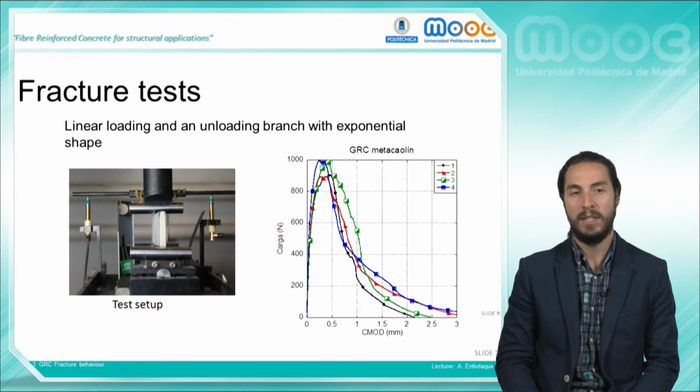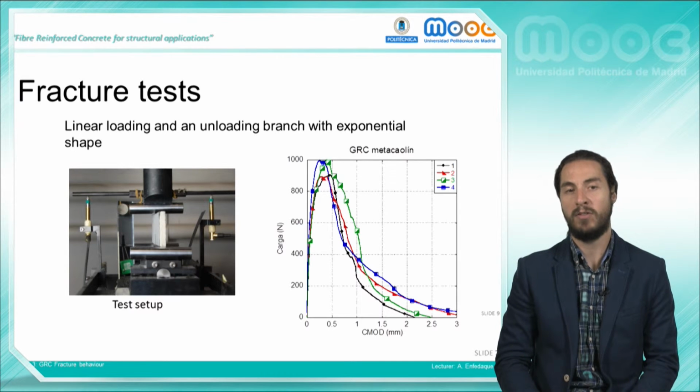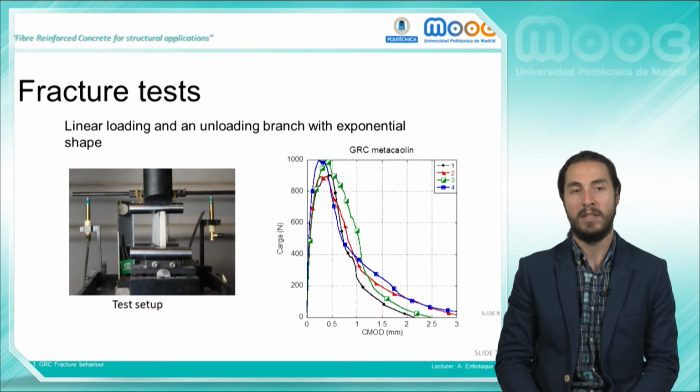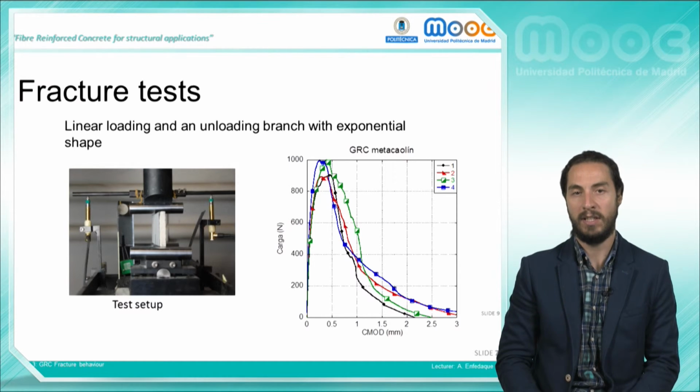In addition, the maximum crack opening is much greater than in the case of the normal formulation. In this case, the maximum crack opening reaches up to 2.5 mm. And moreover, the major changes have been registered in the unloading part of the curve. That corresponds to the zone where the influence of the glass fibers is greatest.